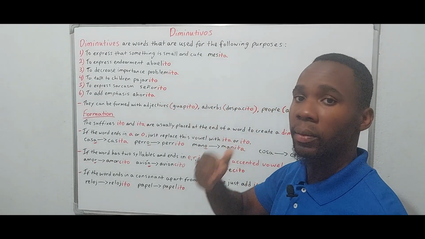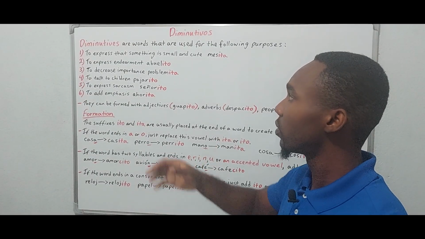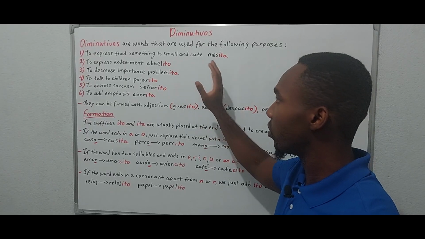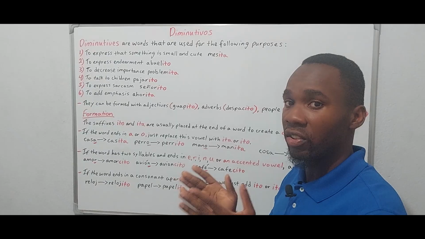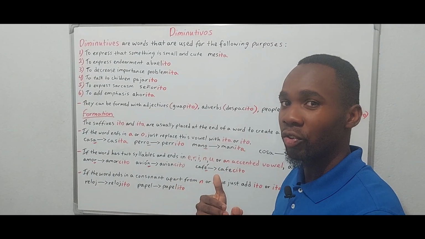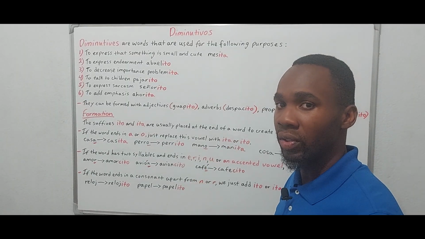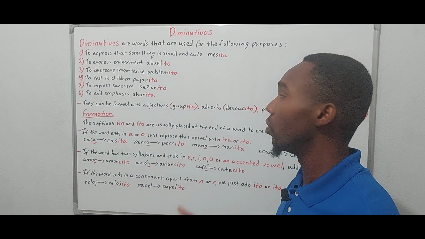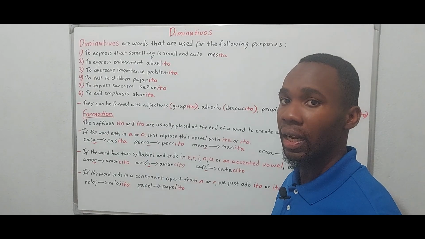One, which is probably the most popular purpose, is to express that something is small and cute. So when we want to refer to an object that is small in size but is also cute, we can use a diminutive. So mesita comes from the word mesa, table.